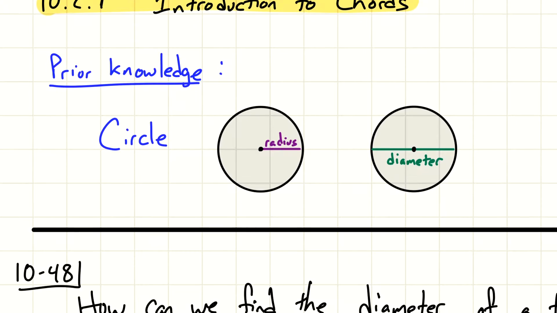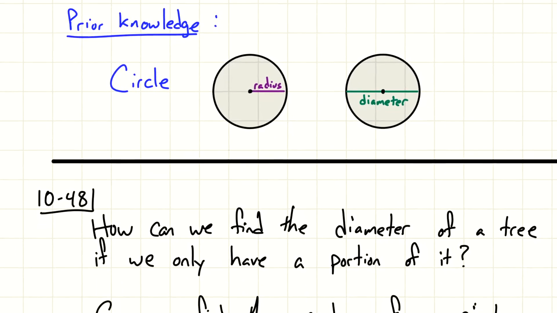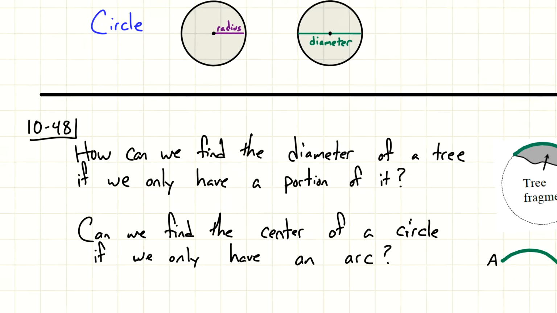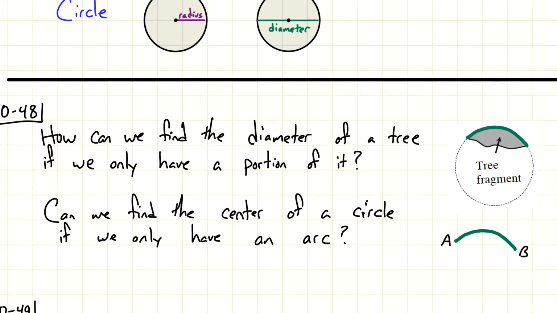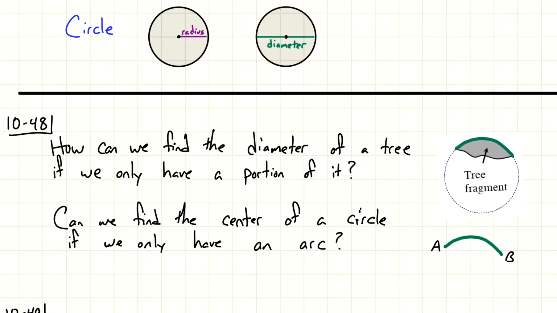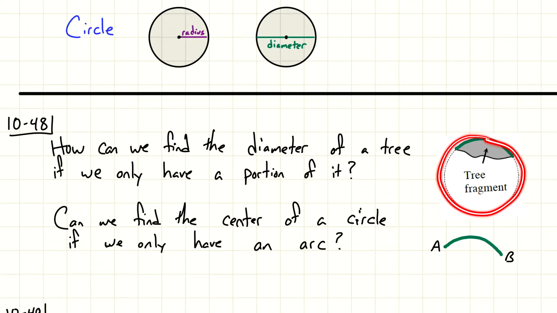All right, so what we're looking at are chords, and I'll give you some definitions of that in a minute. This lesson starts off with kind of a big real-world problem, looking at perhaps trying to figure out how wide a tree is, but imagine we don't actually have the whole tree, but we have only a piece of it, some fragment of it.